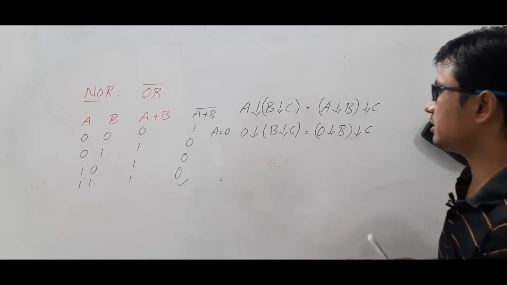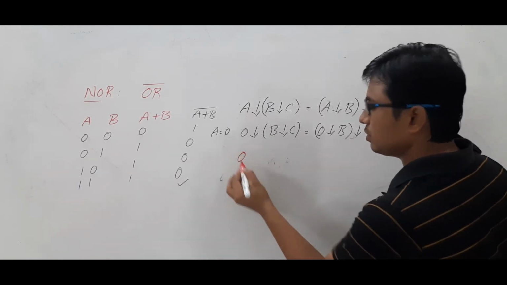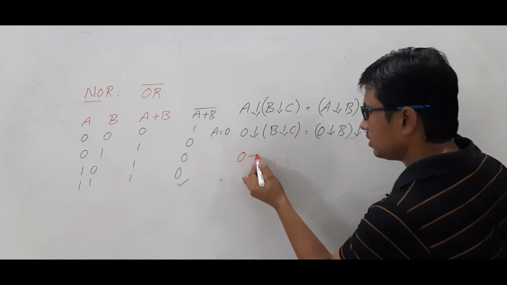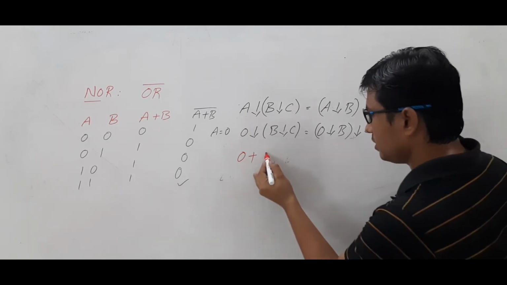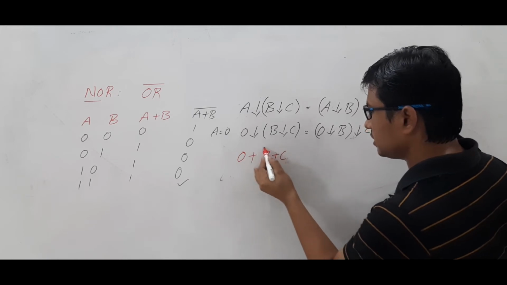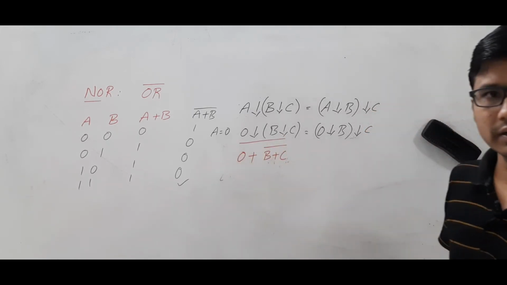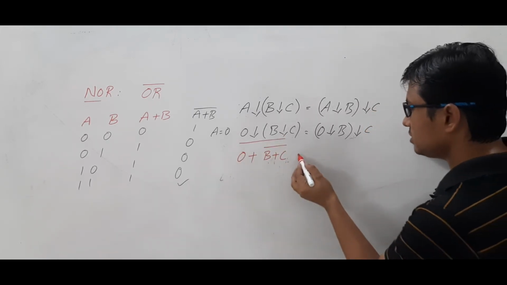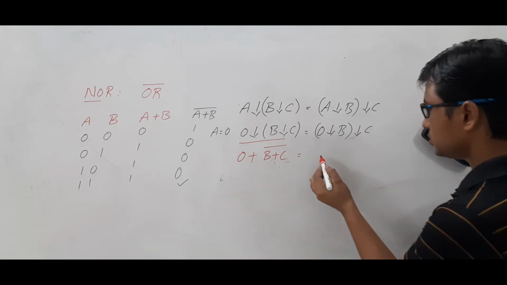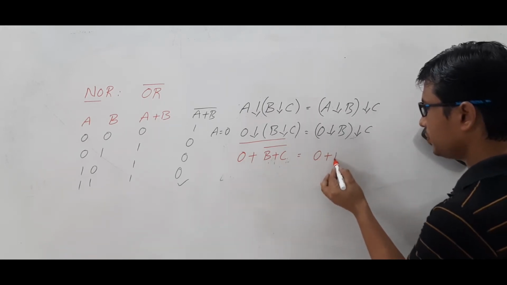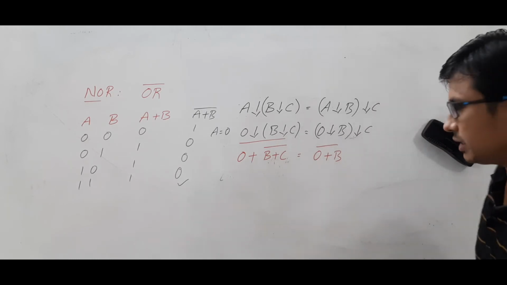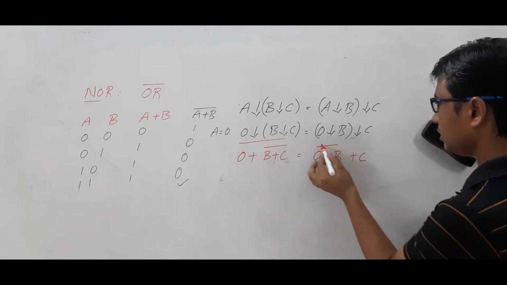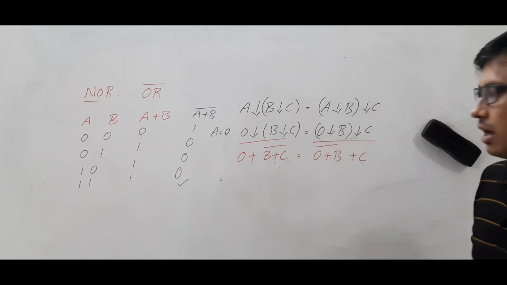I can write this equation as 0 OR (B NOR C) whole complement. Can I write like this or not? This is equal to 0 OR B's whole complement OR C's whole complement. Am I right or wrong?